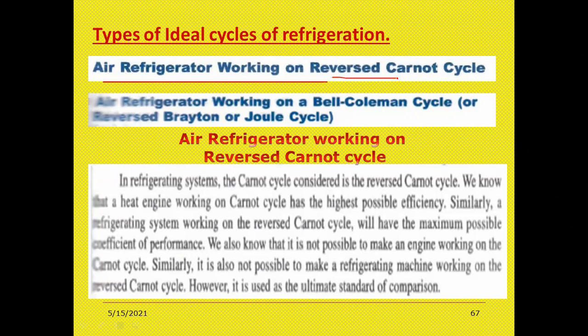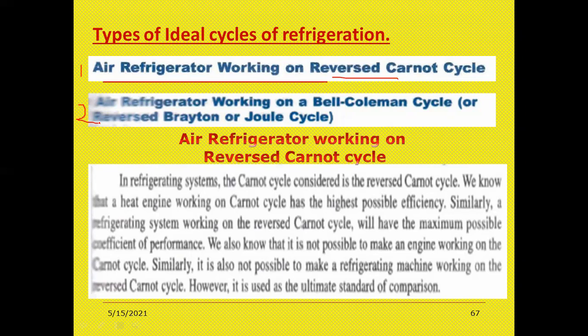Okay, now see here. The first one is air refrigeration working on reversed Carnot cycle. In refrigeration systems, the Carnot cycle considered is the reversed Carnot cycle. We are using the reversed Carnot cycle in the refrigeration system.